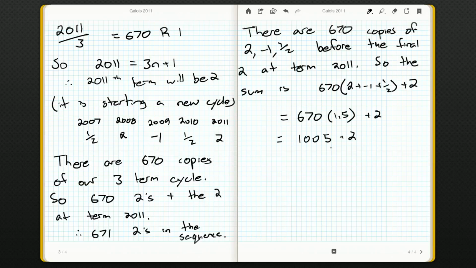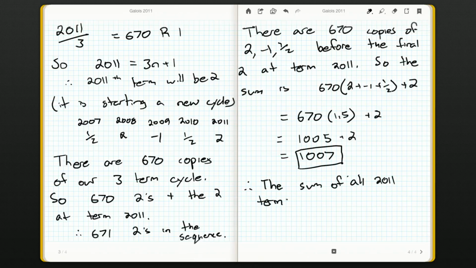So we have 1005, and then we still have to add on that last 2. So we get a final answer of 1007. And if you wanted to, you could put a little therefore statement. So we have an answer of 1007.